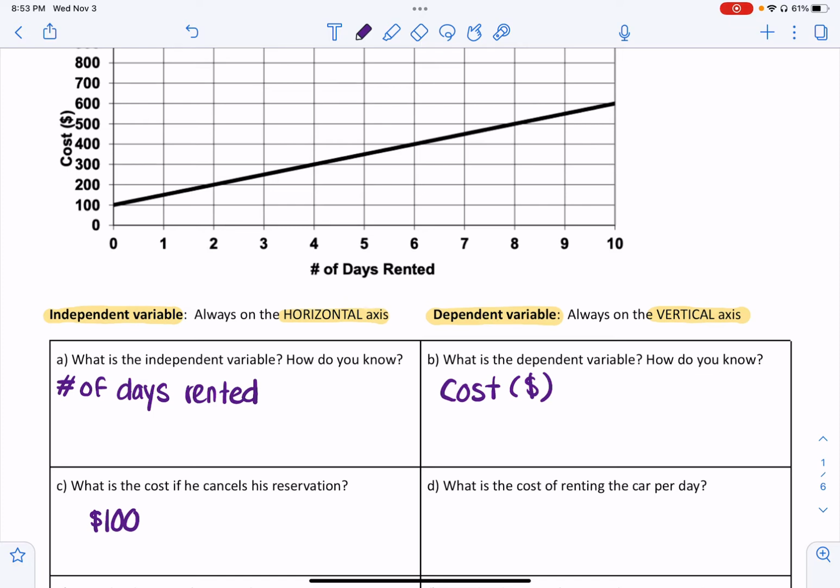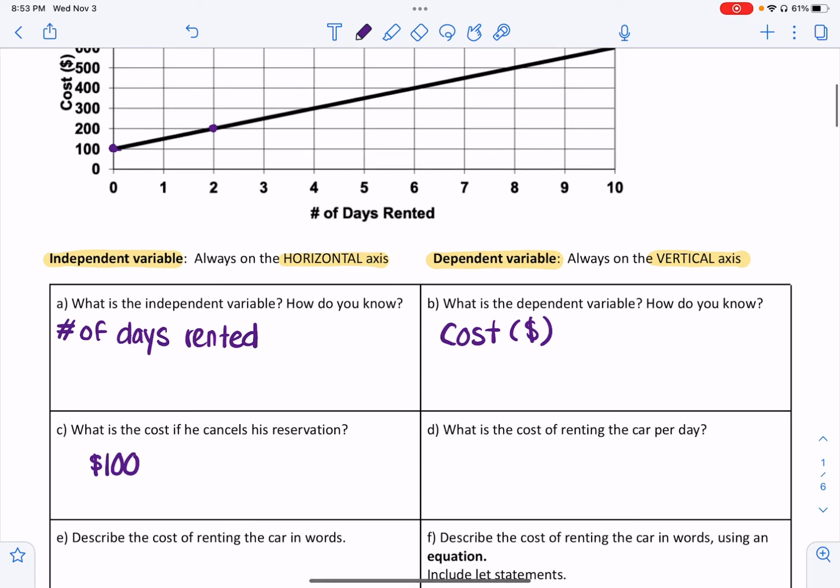So let's look at our graph and let's find our slope. So what I'm going to do is I'm going to find two really nice points here. And I'm going to try to identify how much it's costing per day. I want to find nice points because I want to find exact points so I'm not guessing with a point that's not clear.